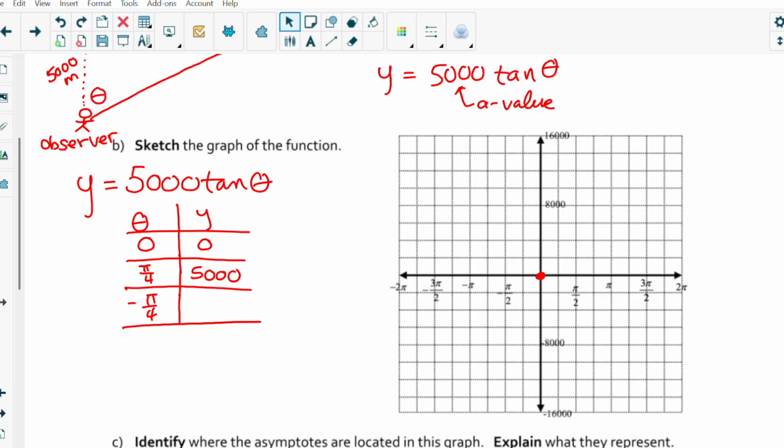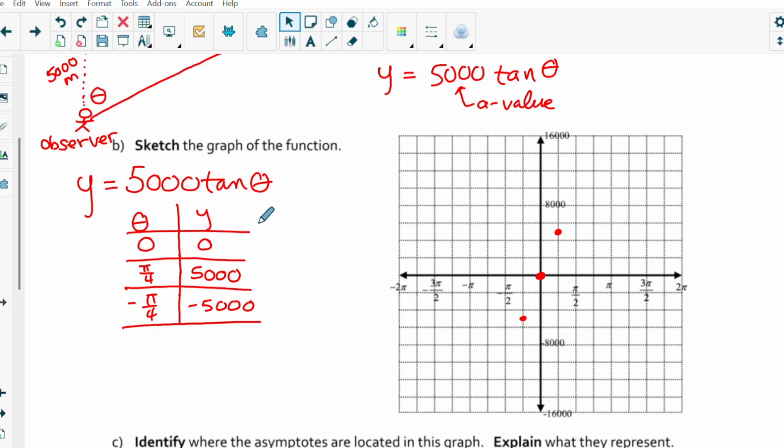So I have negative 5,000, which just means 5,000 in the other direction. So pi over 4, 5,000 right about there, and then negative pi over 4, right there, negative 5,000.